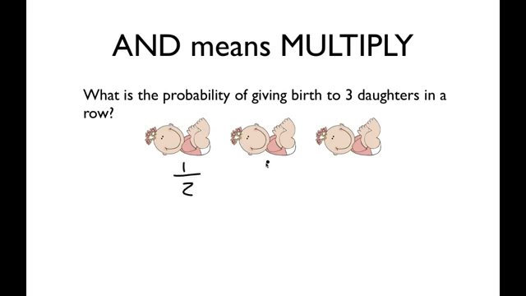And the probability of giving birth to a girl is 1/2. And the probability of giving birth to a girl is 1/2. The thing is, I'm saying a girl and a girl and a girl. So that becomes less and less likely. And means multiply. So I multiply the probabilities of each. So the probability of giving birth to 3 girls in a row is 1/8.